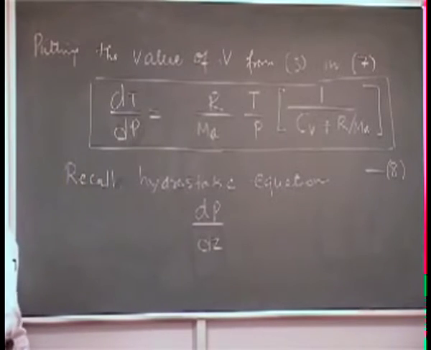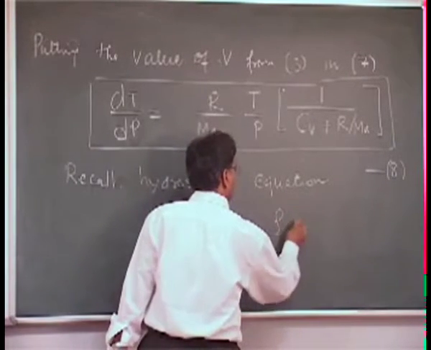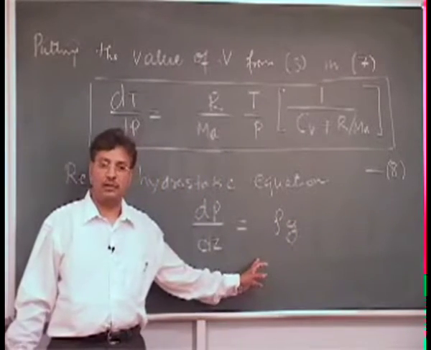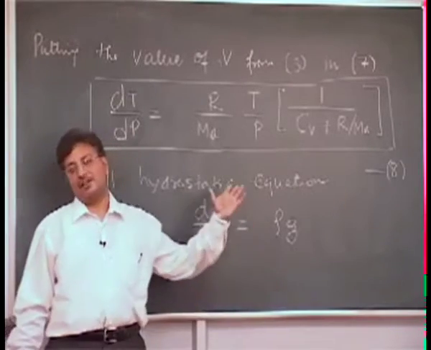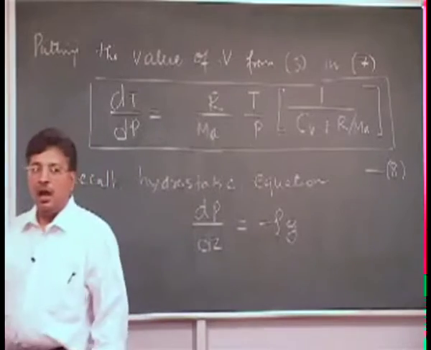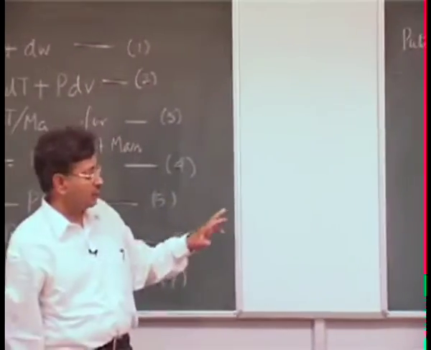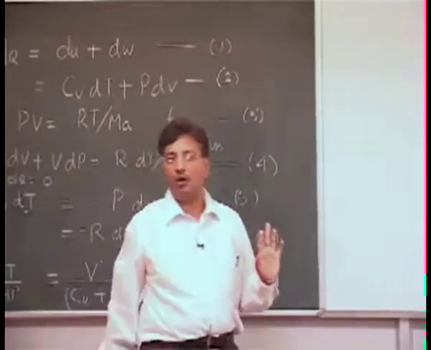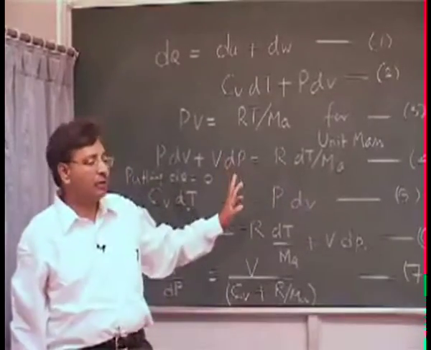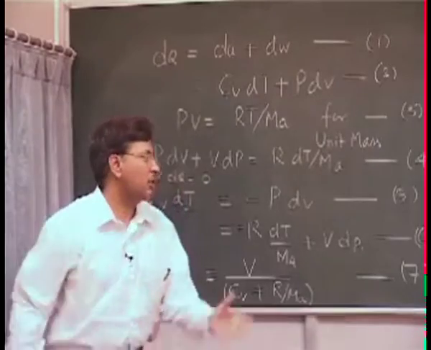Do you agree, or do I need to do something else? Minus sign. Okay, minus sign. And again for the rho, I can invoke my universal gas law, which you see in equation 3, and put the value of rho in this one.